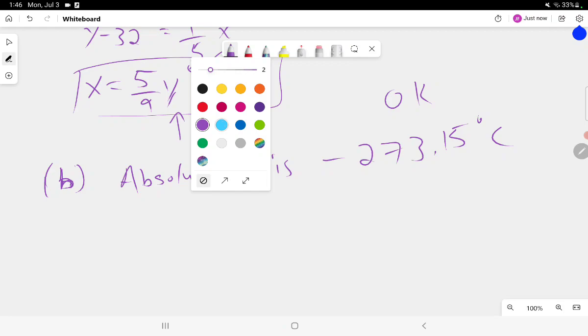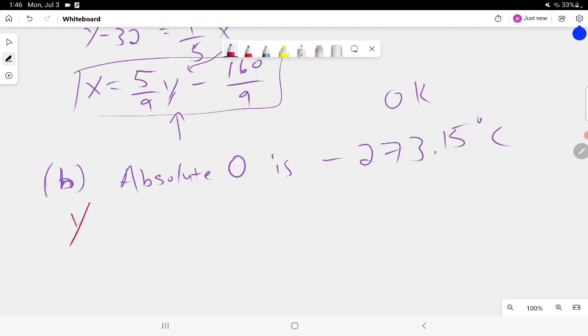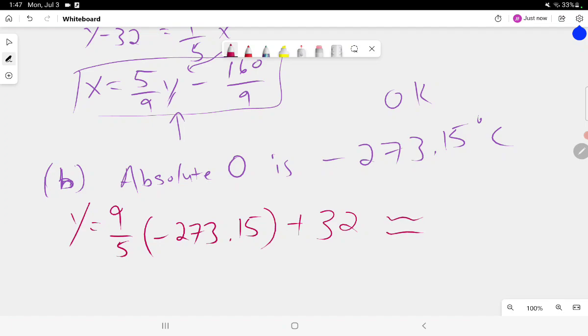I'm going to change the color here. Y is equal to 9/5 times x, which is minus 273.15, plus 32. And that approximately works out to be minus 459.67 degrees Fahrenheit.